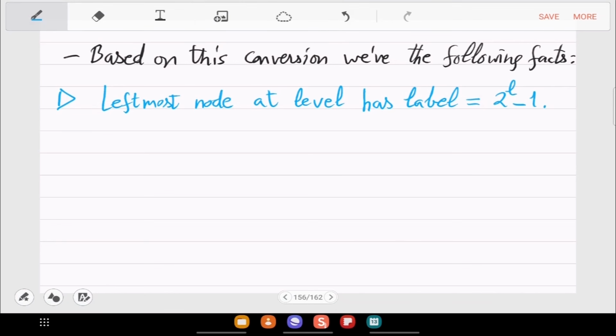Okay. So you can check that. At level 2, it should be 3. So you will see 3 on the leftmost side. So this just follows from the count that we have put, number of nodes up to level L. From that count, it follows.